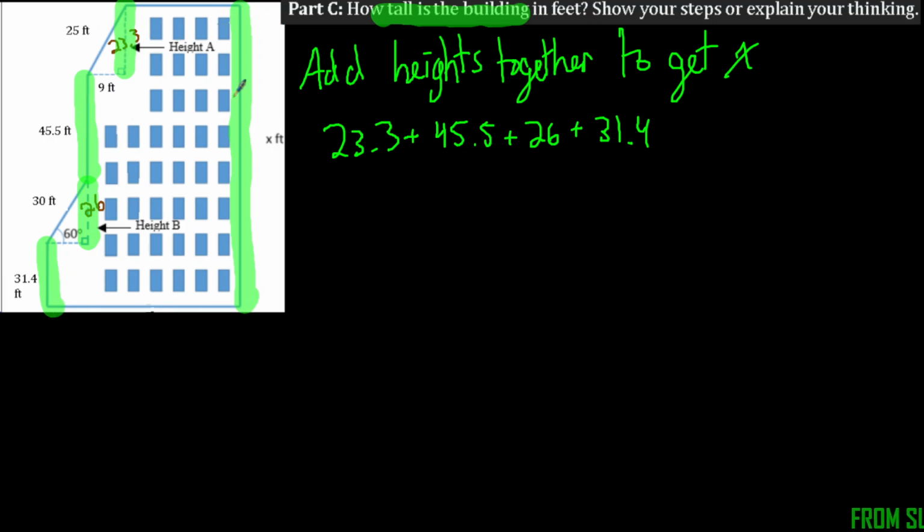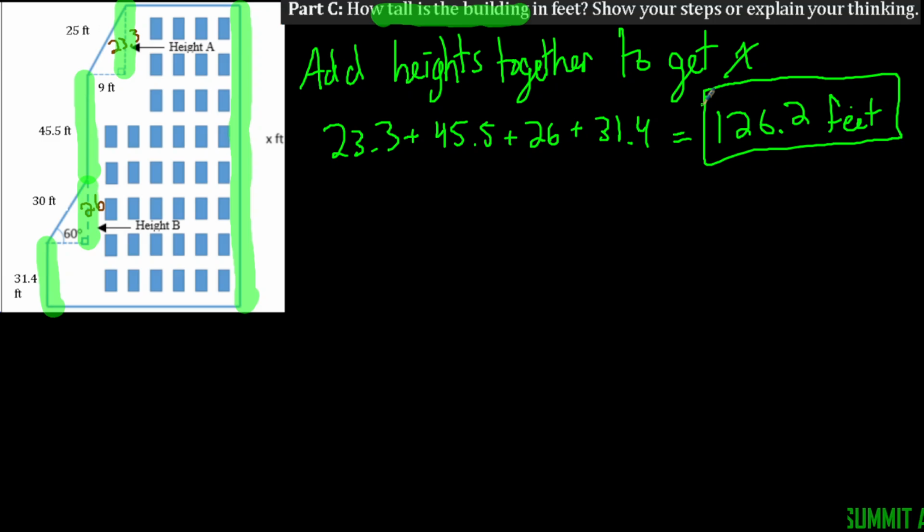So I'm only asking for how tall it is. I'm not asking for how wide it is. And so I can add those numbers together. I'm going to say all together, those are going to be equal to 126.2 feet. That's going to be my height for the building.